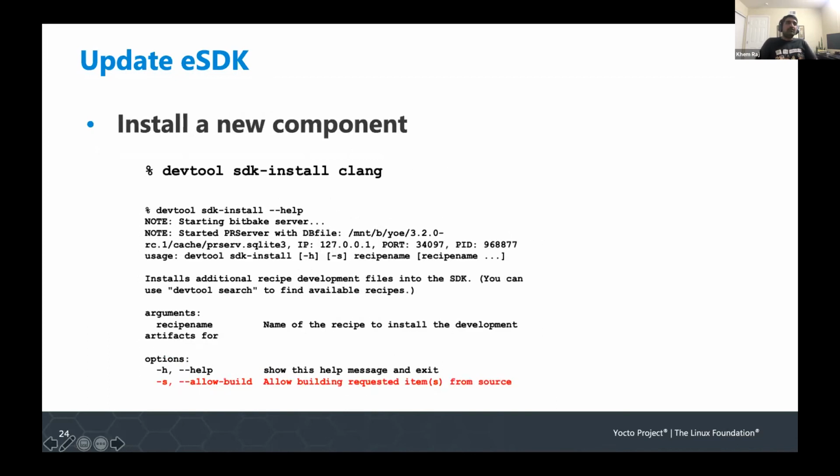The other thing you can do is install a single component into your SDK. It will look for the shared state, but if it is not there, you can use devtool sdk-install, and it will try to recompile or build it when you want to install it.